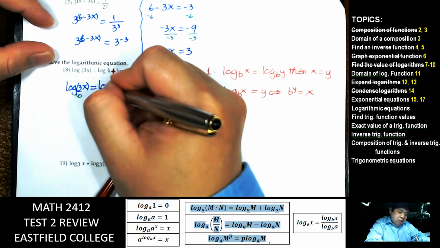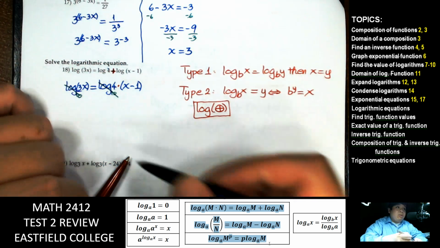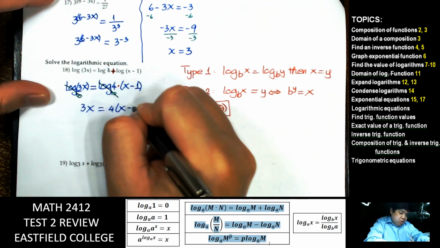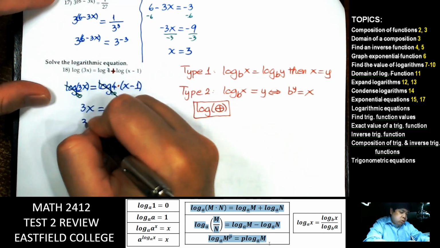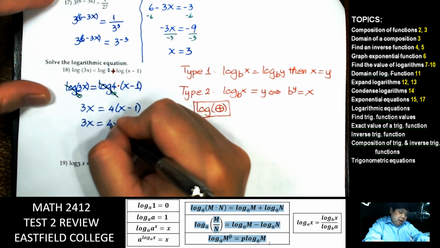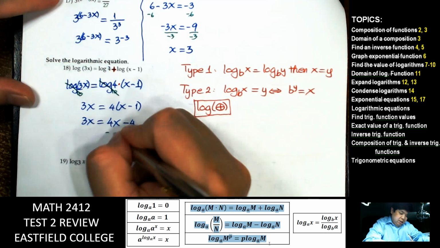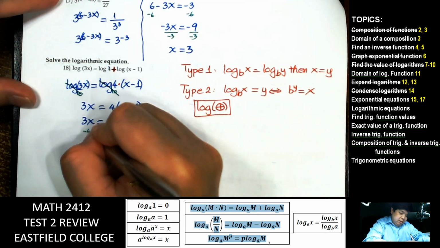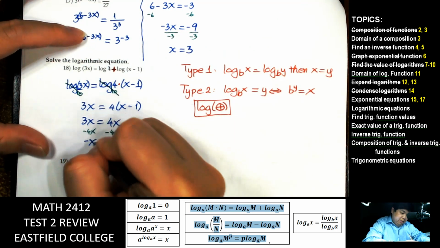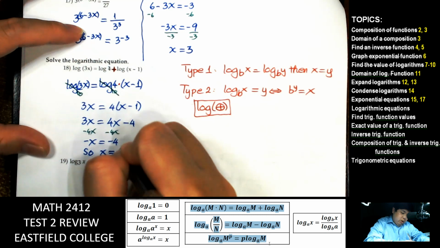Since both sides have the same base, we can cancel. And we just have 3x equal to 4x minus 1. Multiply it out. 4x minus 4 and minus 4x. We have negative x equal to negative 4. So x equal to positive 4.